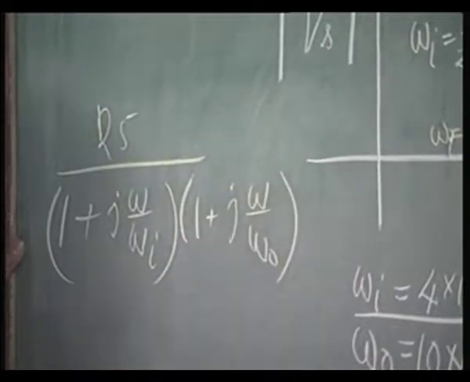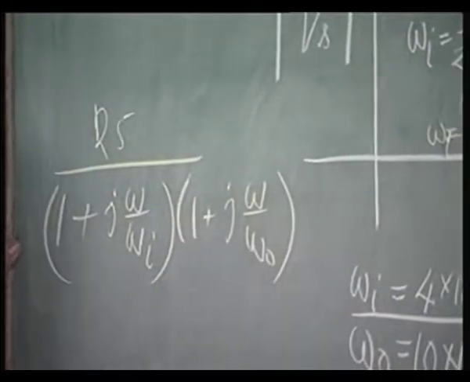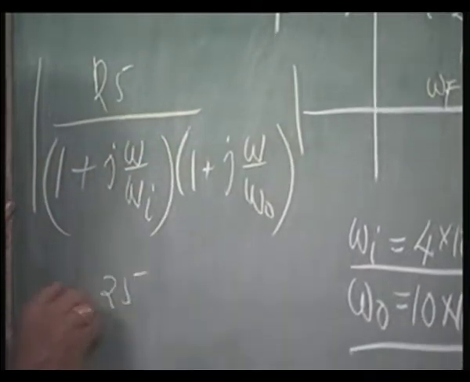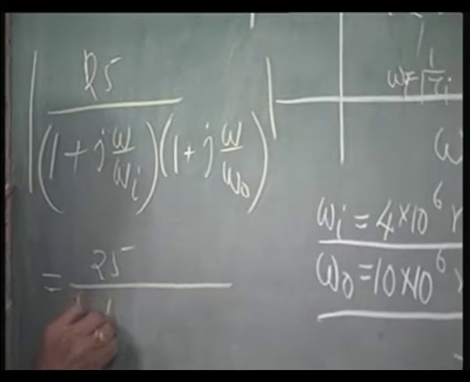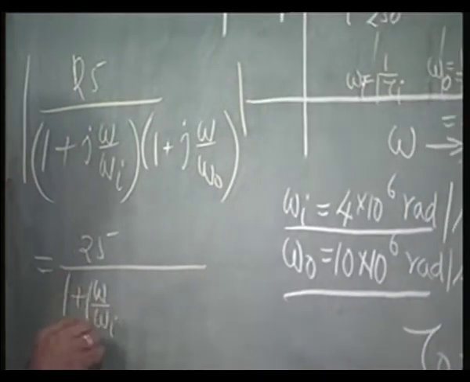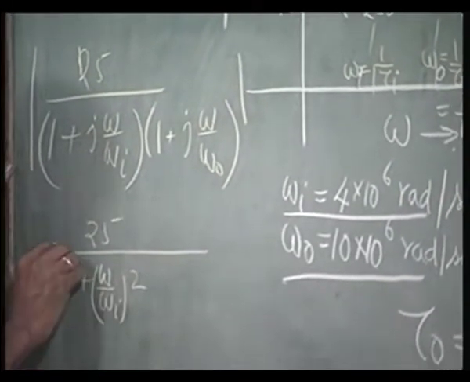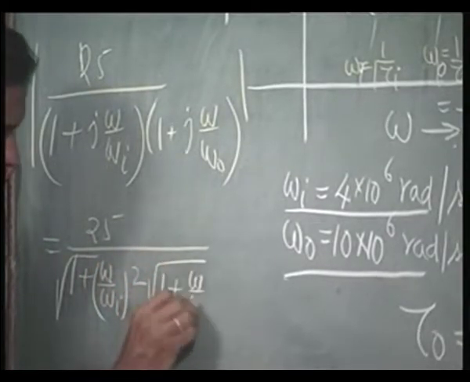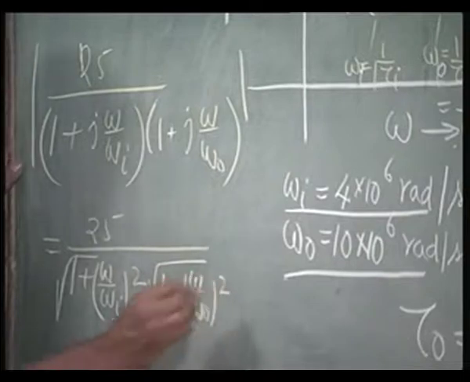The magnitude of this is going to be 25 by the root of 1 plus omega by omega I squared, times the root of 1 plus omega by omega naught squared.